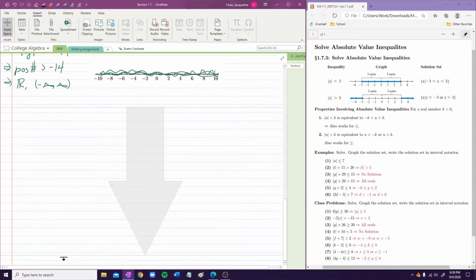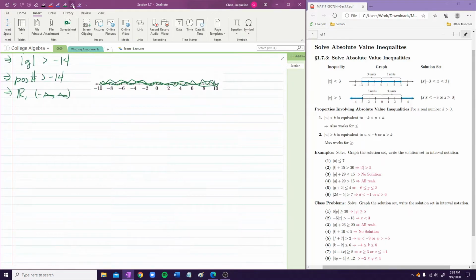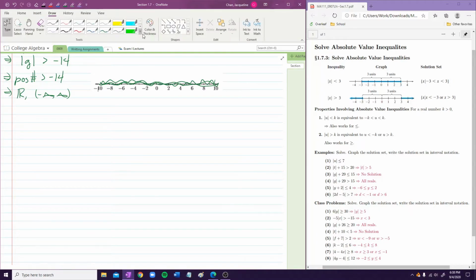So now let's go one step further. Let's do number 5. As you can see there, it's not just a variable in the absolute value. We have y plus 2 less than or equal to 4. Again, this is still a distance.